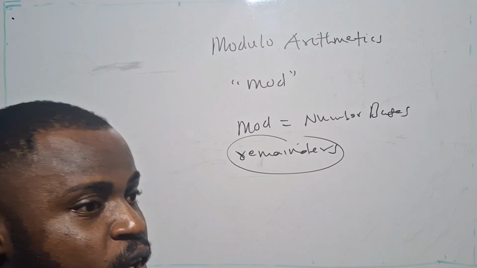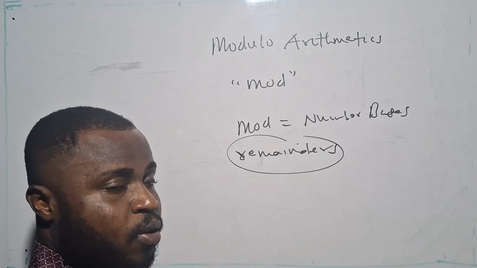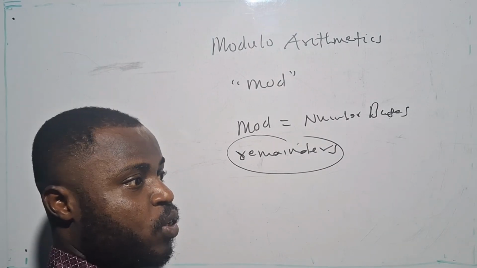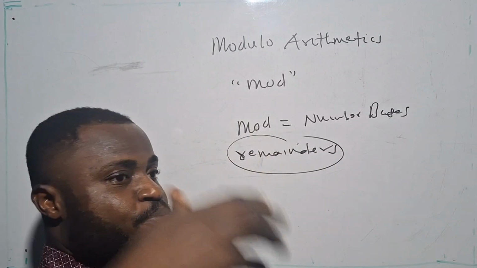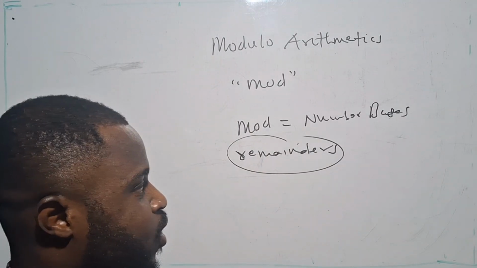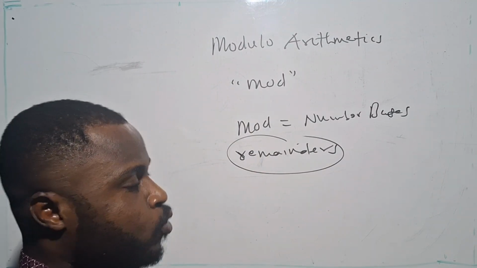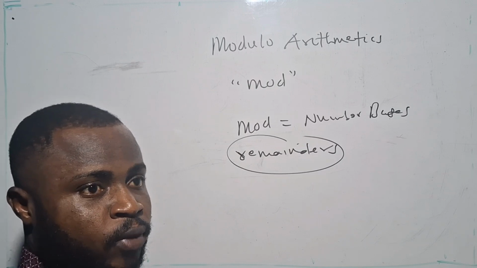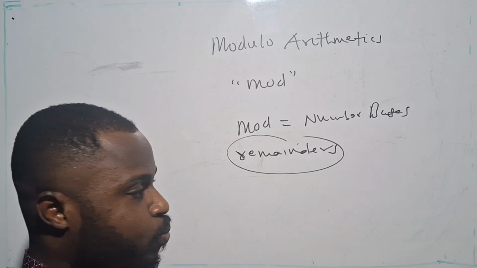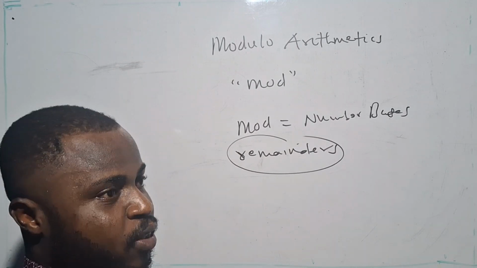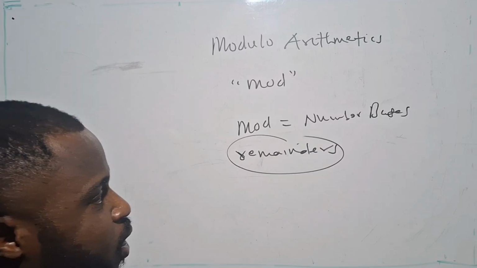Somebody will ask you, if yesterday was Tuesday, 8 days back, which day is that? We are going to apply modulo to solve that problem. So it is very important in so many ways.